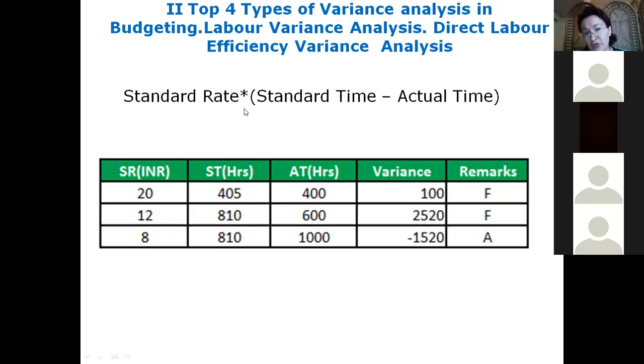Standard rate, we should multiply by the difference between the standard time and actual time. And using this logic, we are getting the variances for different types of workforce, for skilled, unskilled, semi-skilled. And we are getting the following results. Favorable variances for two types of workforce, and the third variance is unfavorable or adverse.